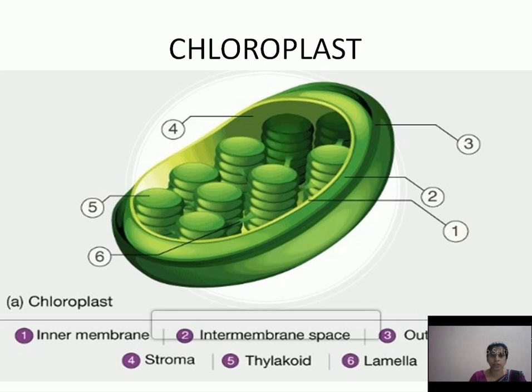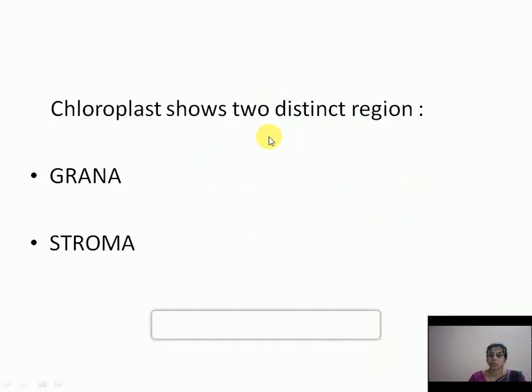And here it is mentioned that stroma and grana. See, so the chloroplast shows two distinct regions, that is grana and stroma. Okay, this grana is a flattened sac, a discoid sac, containing a molecule of chlorophyll. So this is known as what? Thylakoids. Clear?